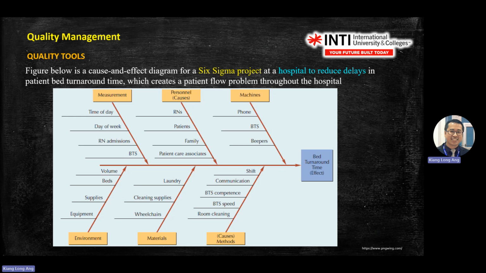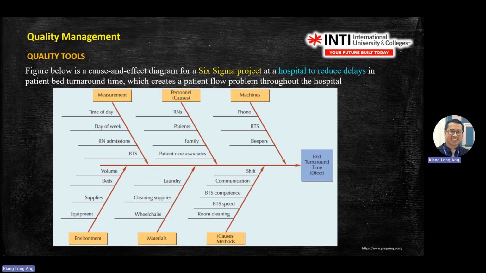So for example, measurement, they measure by date, weeks, and RN admission. This is the patient when they come in, how you admit them. This is bed turnaround statistics and so on.